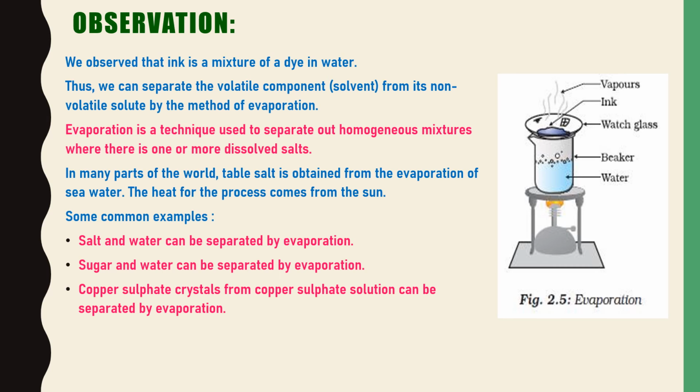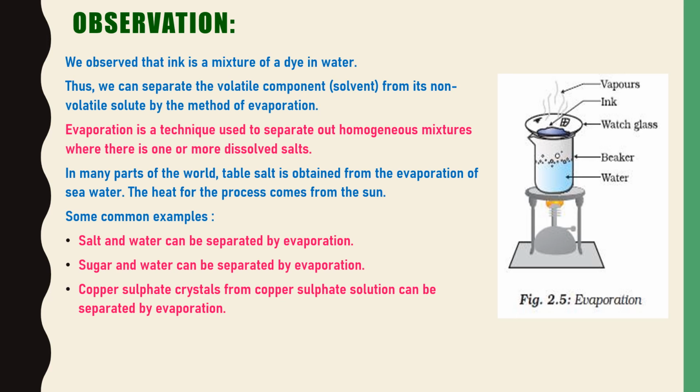Thus we can separate the volatile component, that is the solvent, from its non-volatile solute by the method of evaporation. This means the water is coming out in the form of vapors. You were asked, what do you think has got evaporated? That is, water has got evaporated.